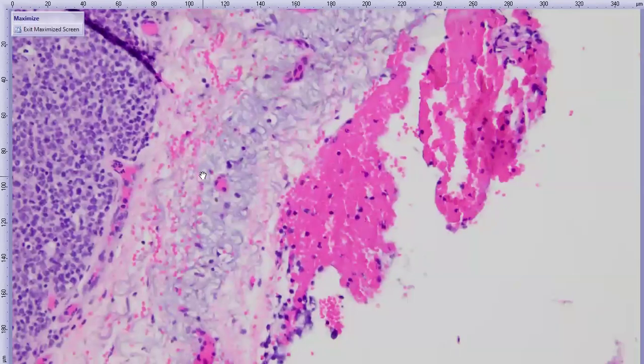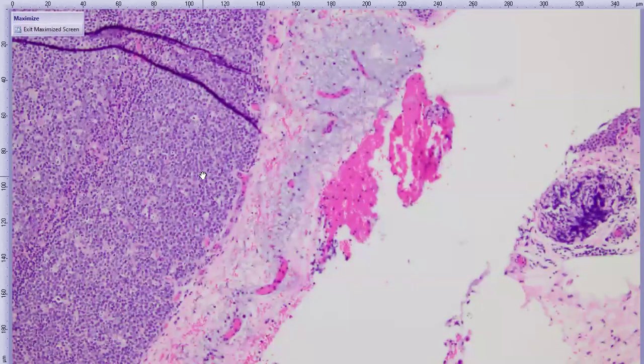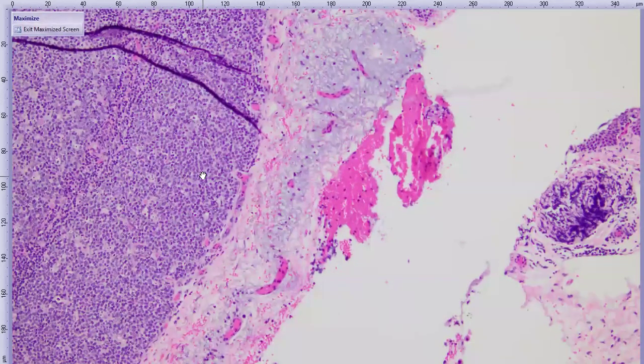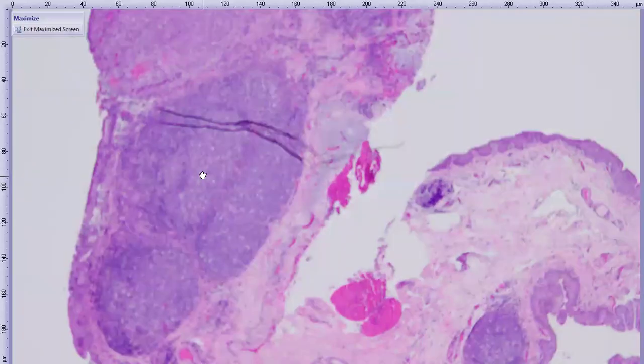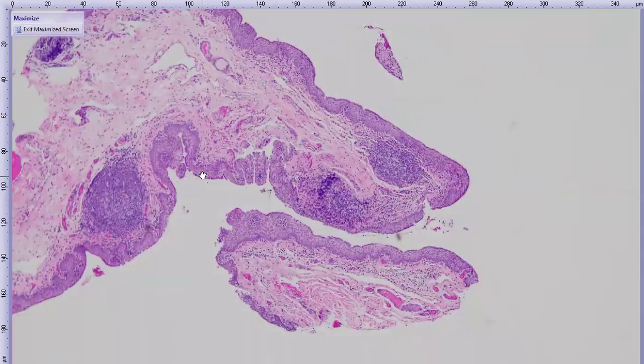And so this is solar elastosis, which is indicative of an actinic change caused by UV radiation from sun exposure. And so this is an underlying factor for tumor development, especially for the squamous cell carcinomas and even the blood vessel tumors, so hemangiomas, hemangiosarcomas. It was pretty severe in these pieces. So this was the left mass there, consistent with squamous cell carcinoma.